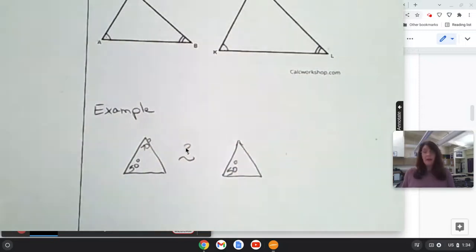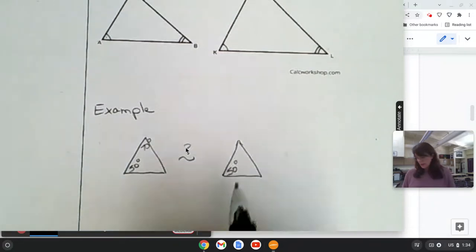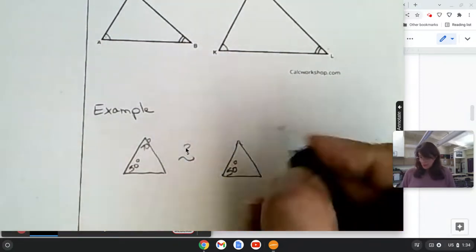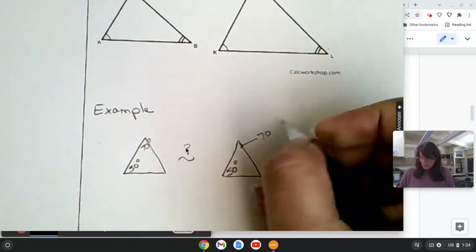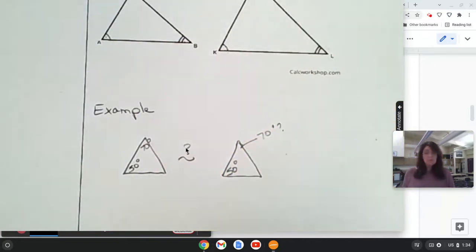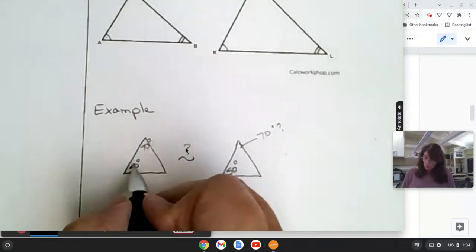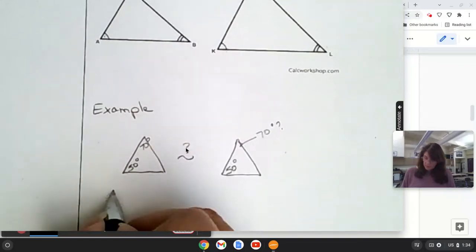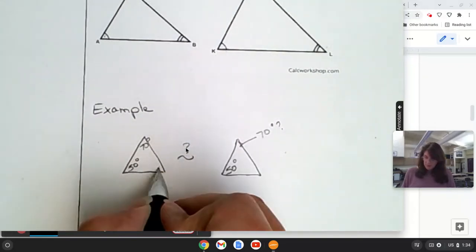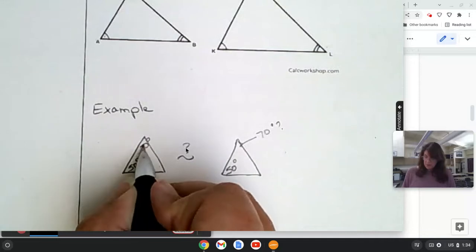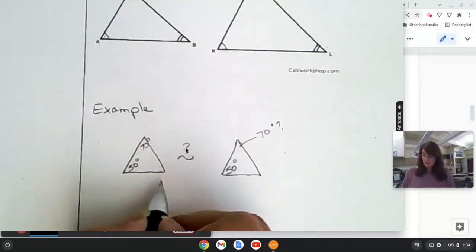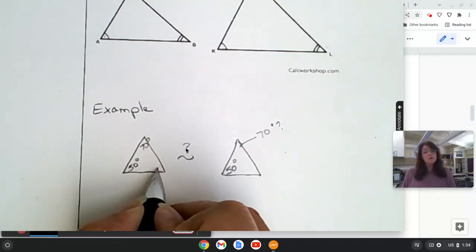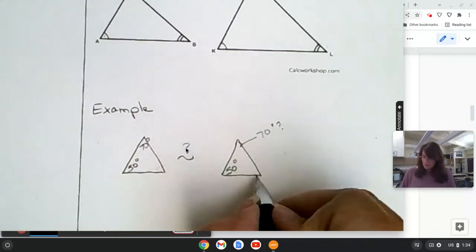I would have to find out, through solving an equation, through measurement, through whatever means, that this one is 70 degrees, or what would it have to be for a whole triangle? Well, 50 and 70 is 120. So this one would have to be 60.